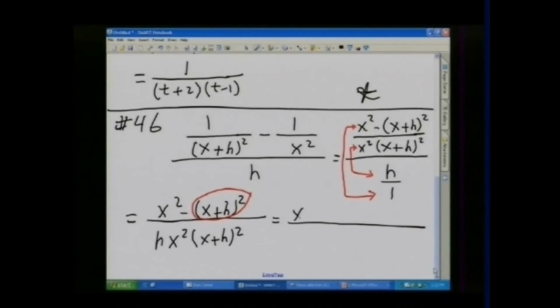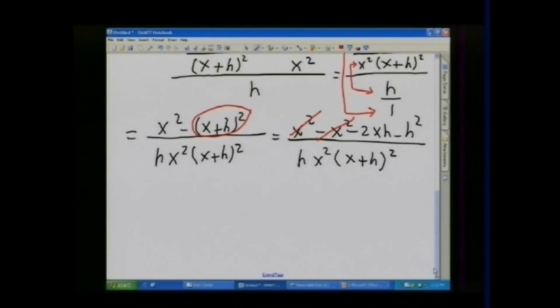Therefore, I would get h squared minus h squared minus 2xh minus h squared, divided by h squared times h plus h squared. Now, this h squared, this minus h squared would cancel.